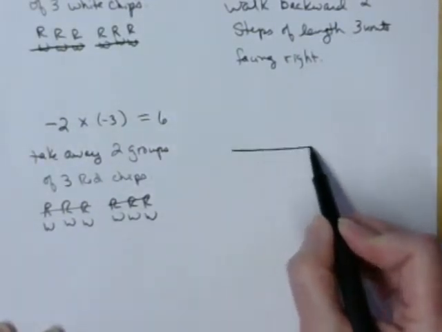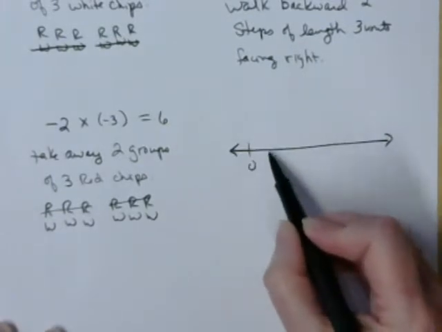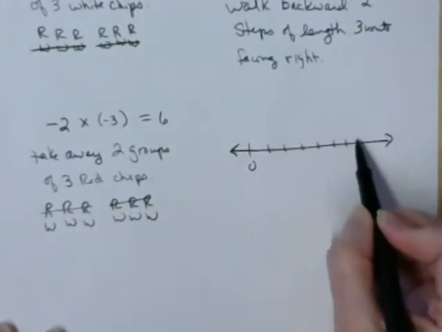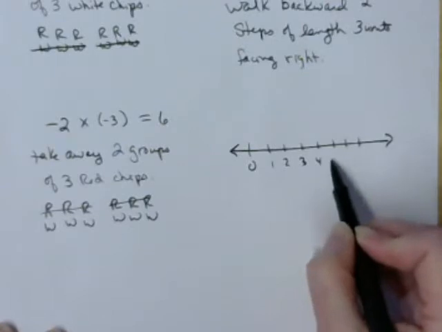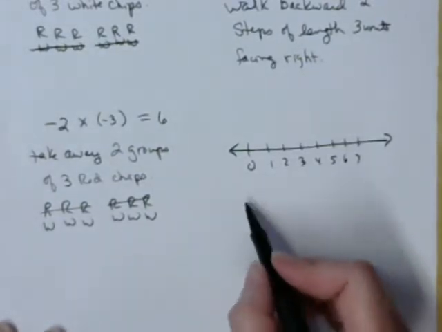If we do this with a number line model, here's our number line all ready for us when we get ready to do the operation.